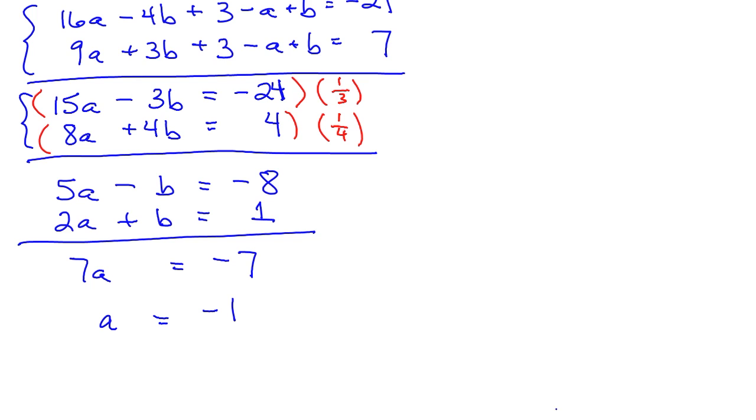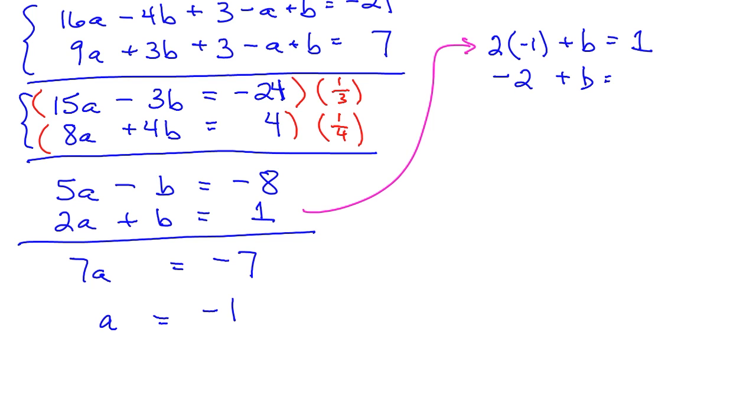Then I'm going to pick up this equation right here, and I'm going to solve for b. So 2 times negative 1 plus b is equal to 1. So that's negative 2 plus b is equal to 1. And so b is equal to 3.